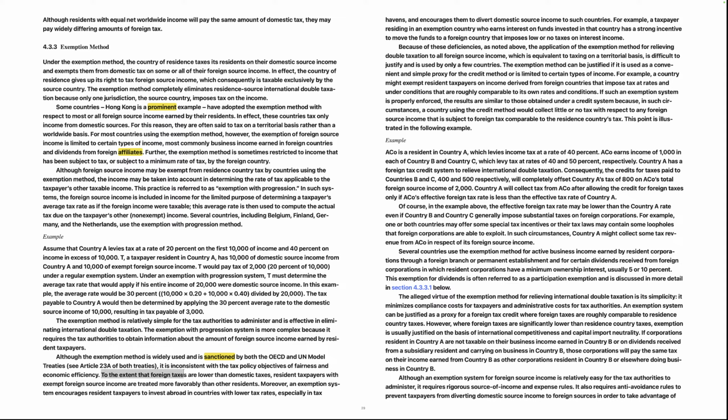To the extent that foreign taxes are lower than domestic taxes, resident taxpayers with exempt foreign source income are treated more favorably than other residents.